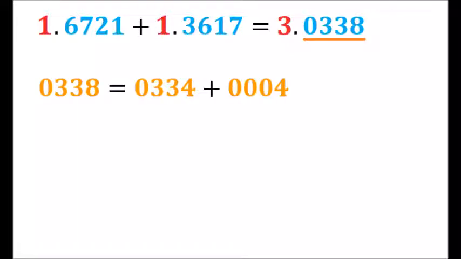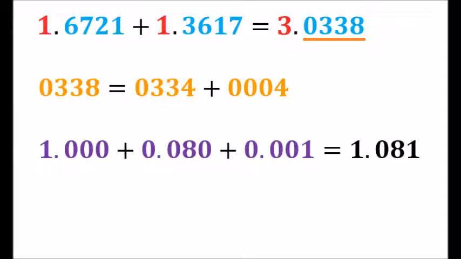0338 can be broken into 0334 plus 0004. Why did I do that? You'll see in a moment that these correspond to table entries. 0338 itself is not on the table. From the table, these entries correspond to 1.08 and 0.001. 1.08 plus 0.001 is 1.081.